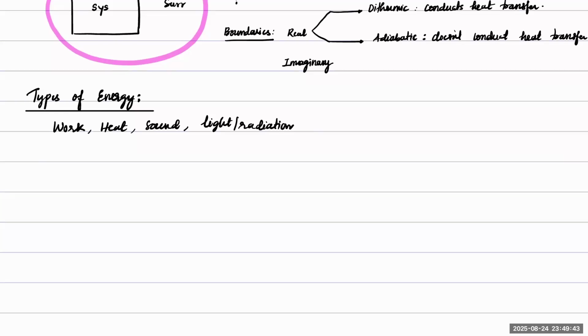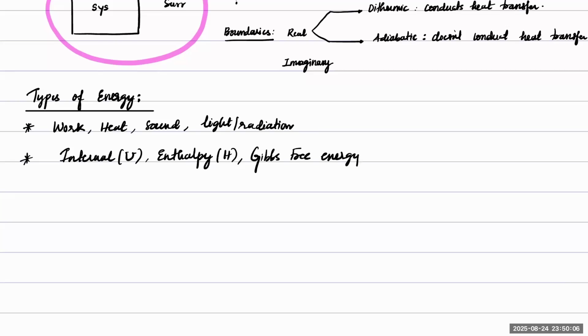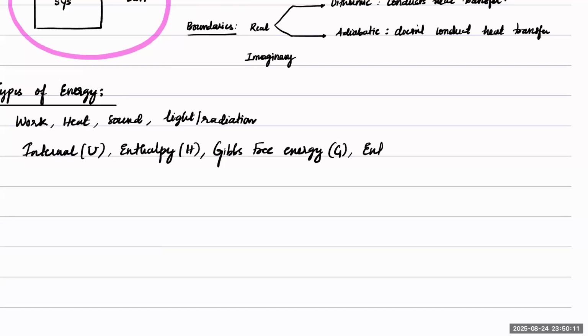Well, no, we do have other forms of energy that include internal energy, which we represent by U, then enthalpy, another form of energy, which we represent as H, Gibbs free energy, which we represent as G, and entropy, which is not exactly energy, it is energy per unit Kelvin.